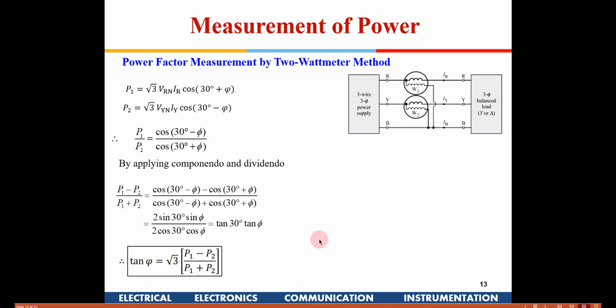So to summarize, if I put 2 wattmeters in a balanced load, the total power is given by P1 plus P2, and if I have to compute the power factor, I can use this formula, where phi is the phase angle, so cos phi will give the power factor. For tan phi you use root 3 into (P1 minus P2) over (P1 plus P2).